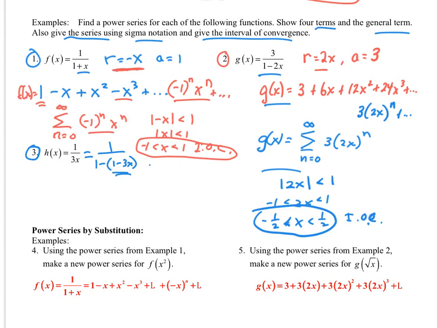So what is that? Well, that tells me that the r is 1 minus 3x, and then my a is 1. So if I want to rewrite h of x in my expanded form, I'm going to have to put in a 1. My ratio is 1 minus 3x, and so I'm just going to be multiplying by 1 minus 3x every time.